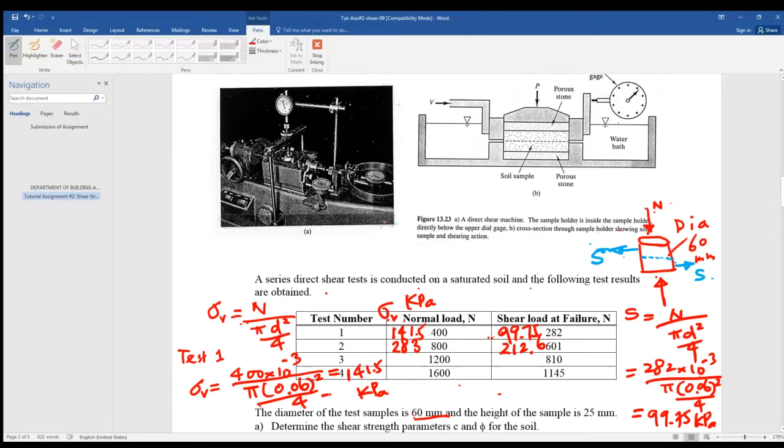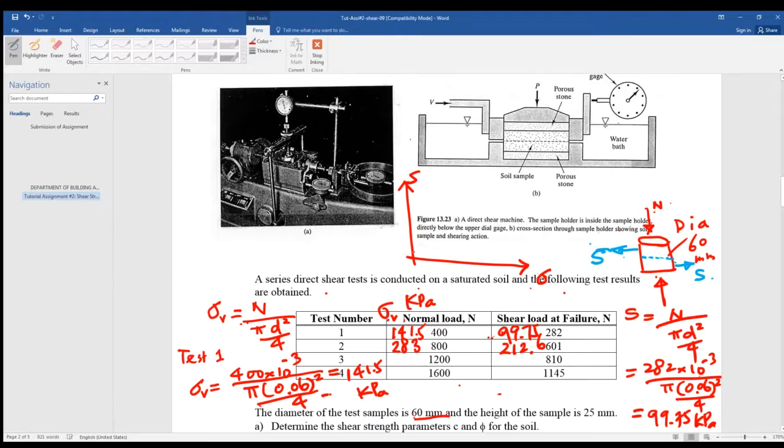Now, when you draw the Mohr-Coulomb envelope, that is S versus sigma.